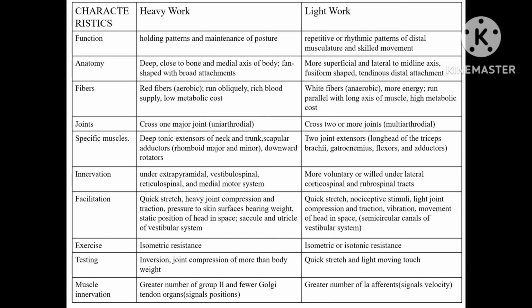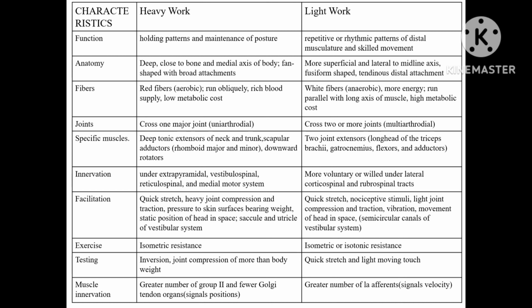Fibers of heavy muscles are usually red muscles, which are rich in blood supply and have low metabolic cost, whereas light muscles have anaerobic energy and high metabolic cost, that is, they can fatigue easily. The heavy muscles usually cross only one joint, whereas the light muscles can cross two or more joints.